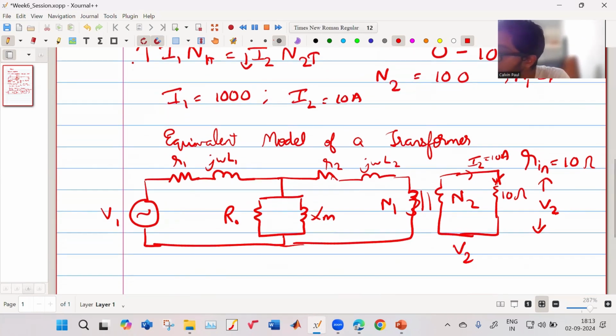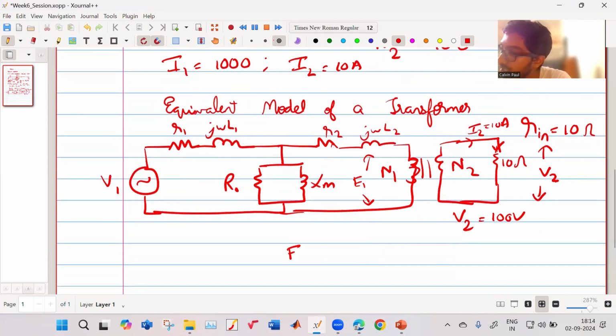So my V2 is equal to 100 volt. Now what will be this voltage E1? Very high voltage? Okay, we will see.